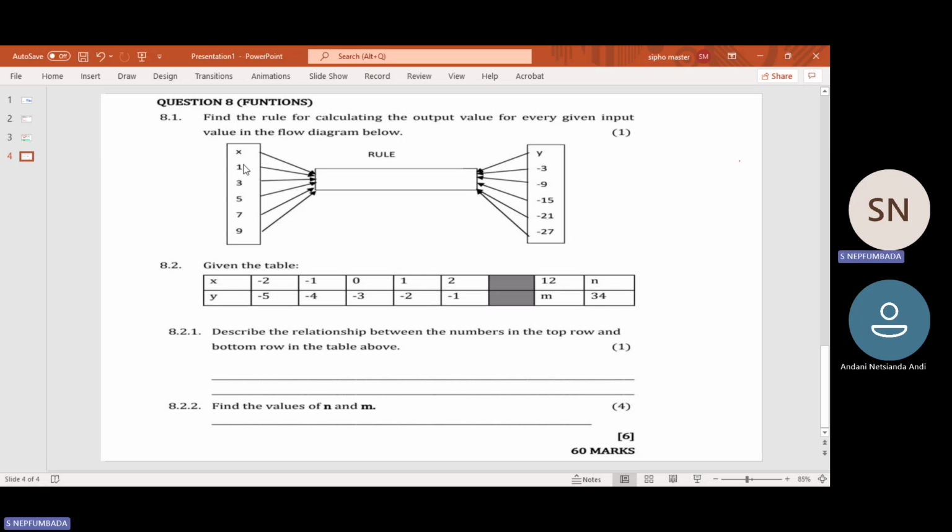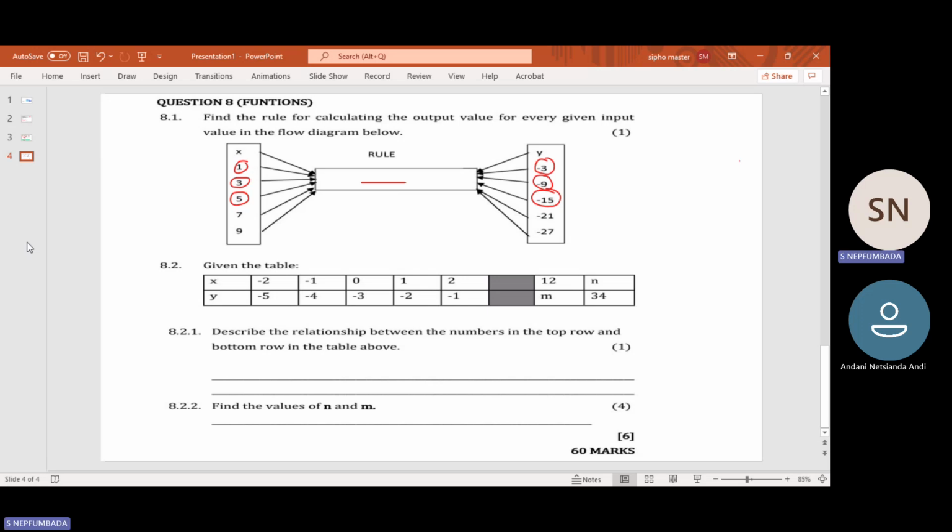They say when you substitute 1 on that rule, you will get -3. When you substitute 3, you will get -9. And when you substitute 5, you're going to get -15. So what is this rule?